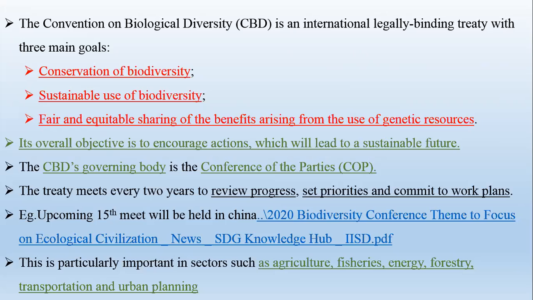As we discussed, they meet every 2 years to review the progress of their priorities. Under the CBD, governments agree to conserve. So this is also one of the functions, that is conservation of biodiversity, which has to be followed by the governments of the countries.